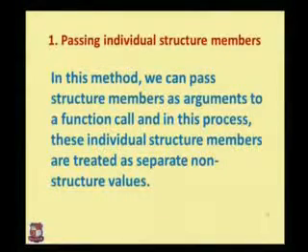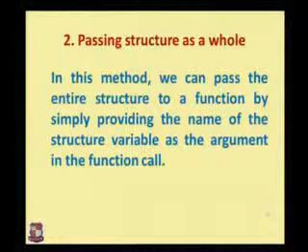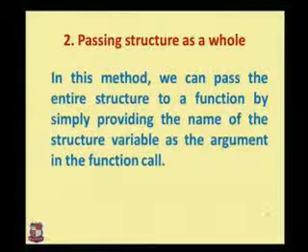It cannot be included as structure values, but it can be printed as function values. In passing the structure as a whole, the whole structure can be passed to a function. In this method we pass the entire structure to a function by simply providing the name of the structure variable as the argument in the function call.